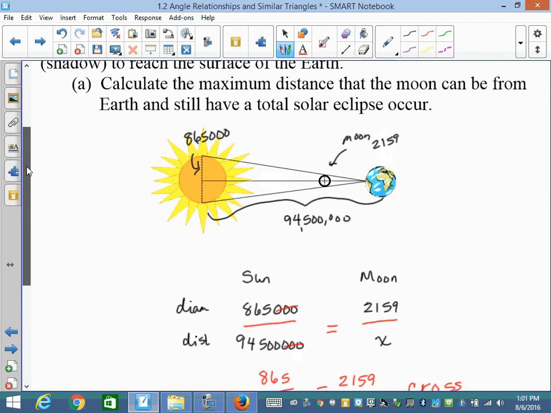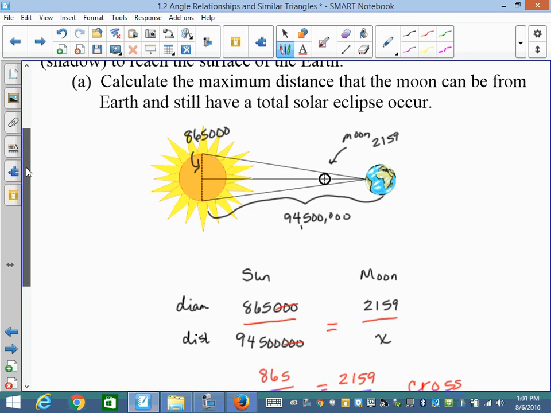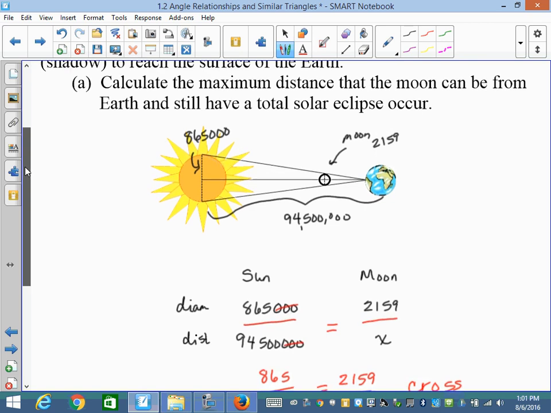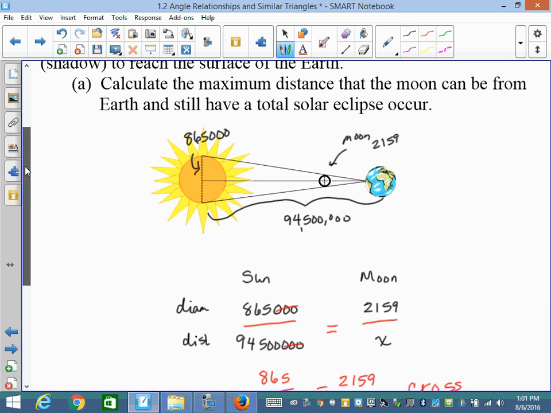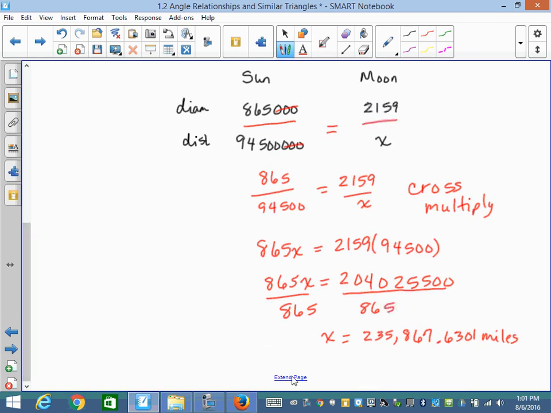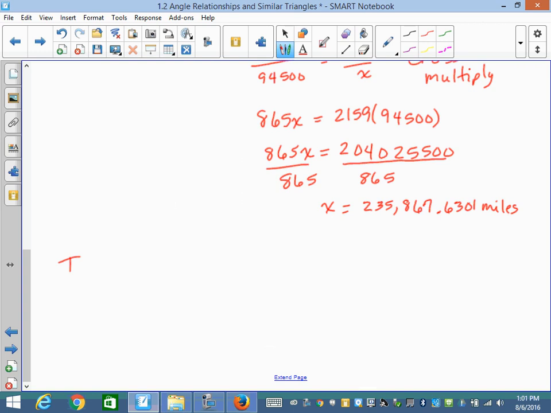Calculate the maximum distance that the moon can be from the Earth and still have a total solar eclipse. So we're just simply going to put in there the maximum distance that the moon can have from the Earth, the maximum distance is 235,867.6301 miles.